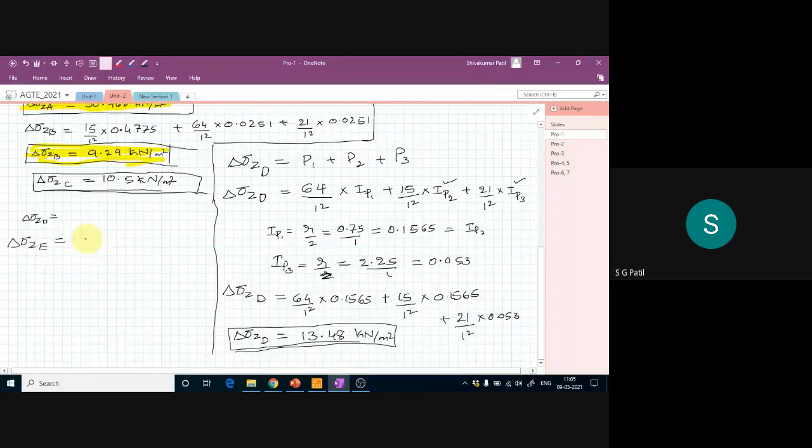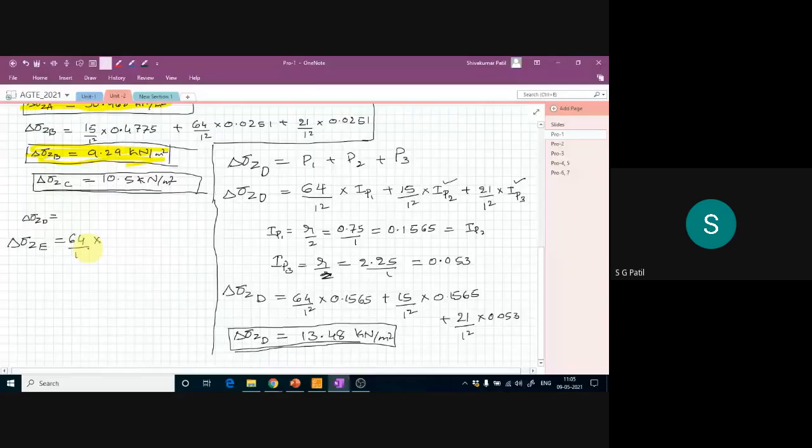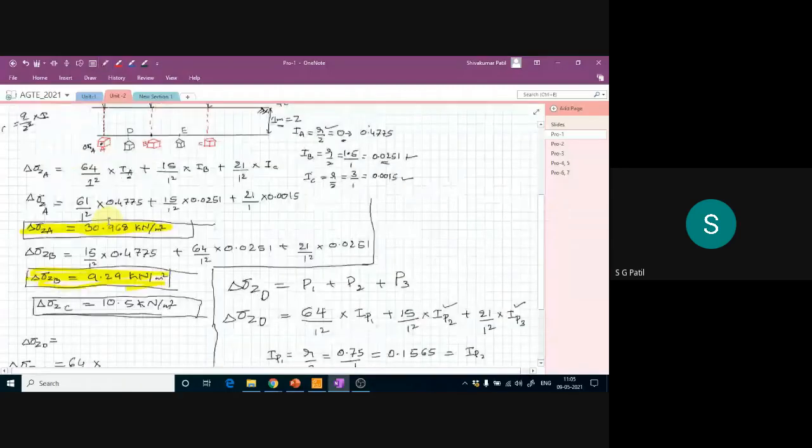Similarly now, you calculate at point E. At point E, due to this load and due to this load.